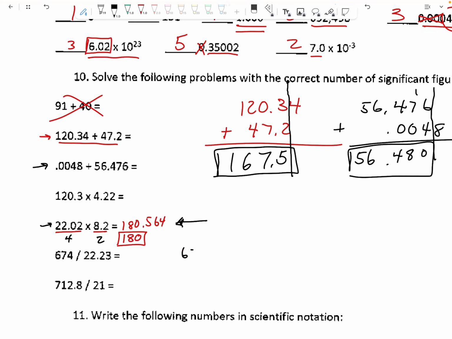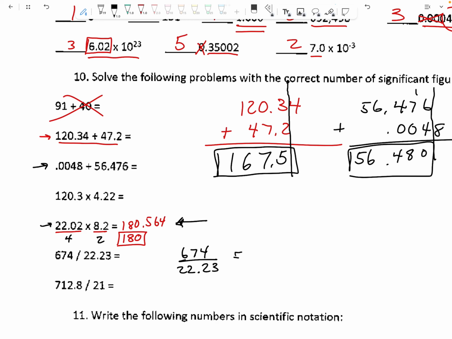So 674 divided by 22.3. I'm sorry, 22.23. Let me get that straight. 22.23. Okay? And so now, when I do that, I'll get my calculator ready to go here. 674 divided by 22.23.